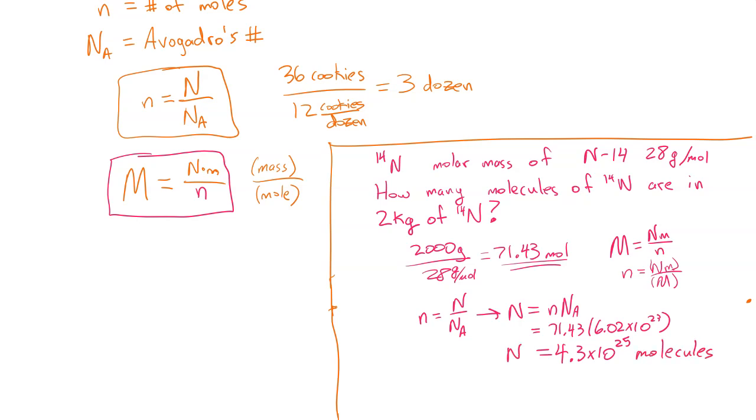Now, if you were given the fact that this is a diatomic molecule, which means 2 atoms per molecule, someone might ask a follow-up question: how many atoms of nitrogen is that? If you know that it's this many molecules, you would just multiply that by 2 to figure out how many atoms there are, because each molecule has 2 atoms.